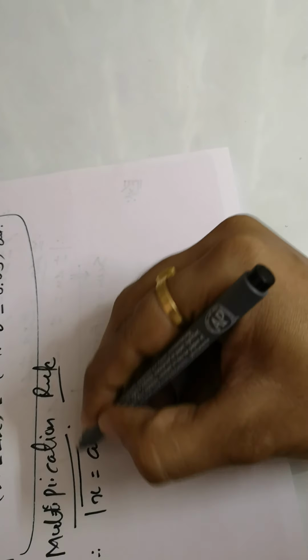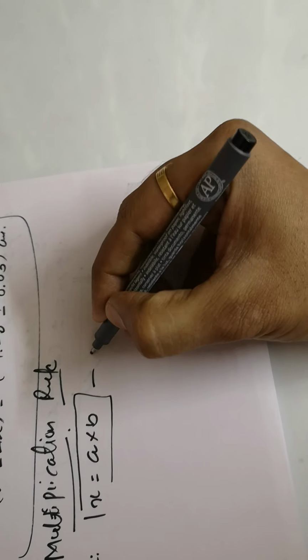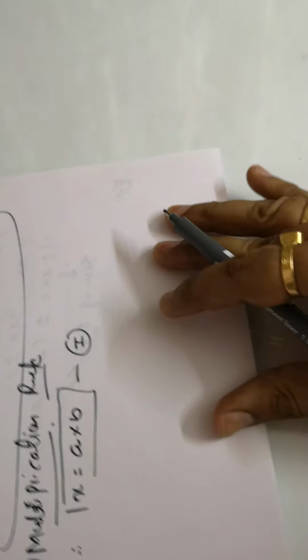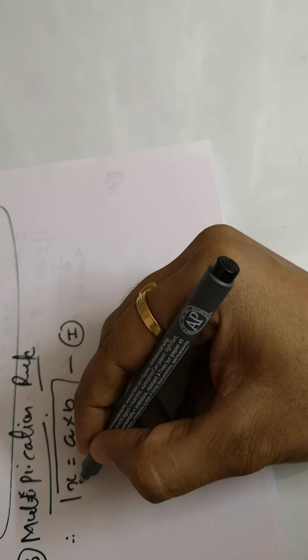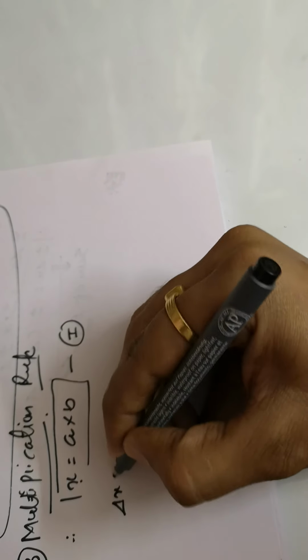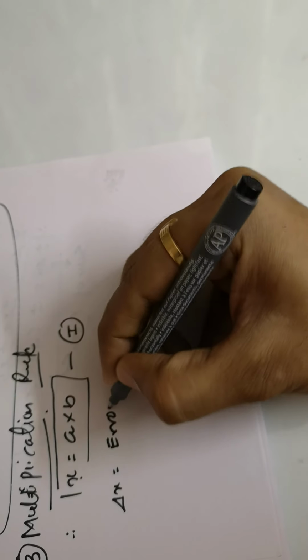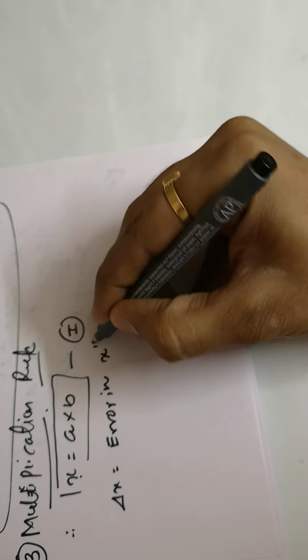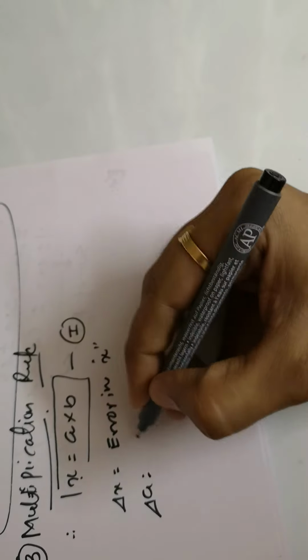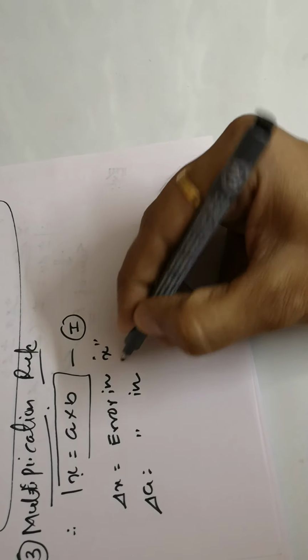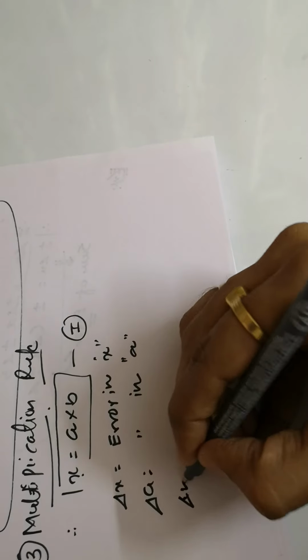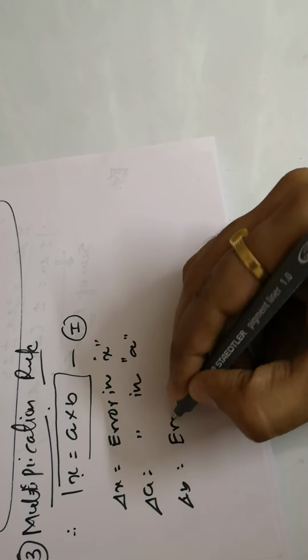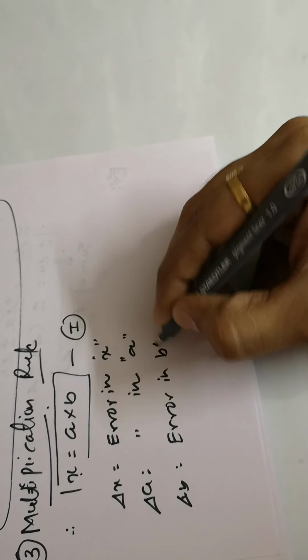So first of all I am putting x equals a cross b, the multiplication of a and b. Now the error part: delta x is the error in x, delta a is the error in small a, and delta b is the error in small b.